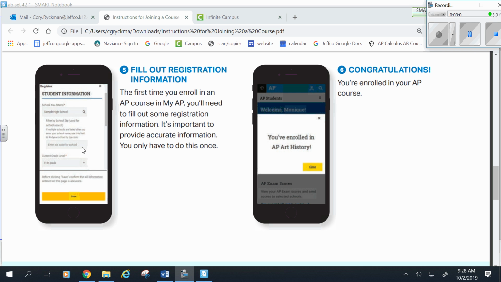Why is the code not recognized? Did it change the code? Ah, jeez. All right. Hopefully you're enrolled in AP Calculus. I guess that's news to you. You have, to me, been enrolled for 12 months.